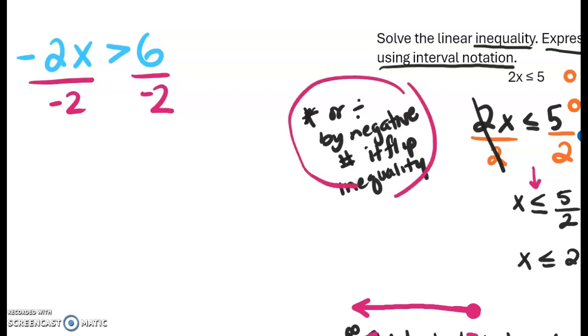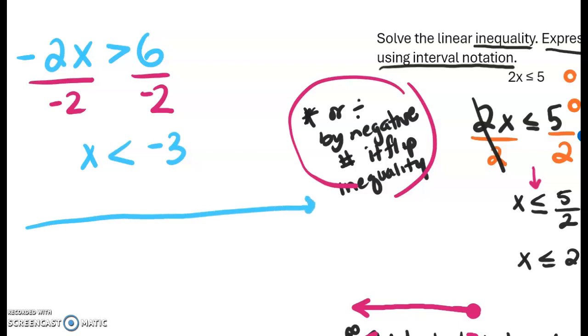When you divide or multiply both sides by a negative number, you have to flip the inequality symbol. So this is going to be x is less than negative 3. So this symbol will flip. That is the only difference when you go to solve an inequality versus an equation. It's this right here. And now the symbol flips and I have this.